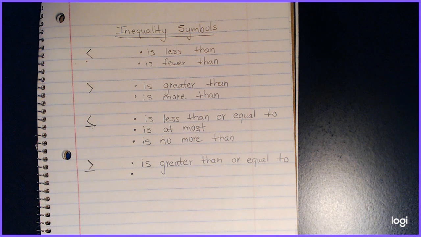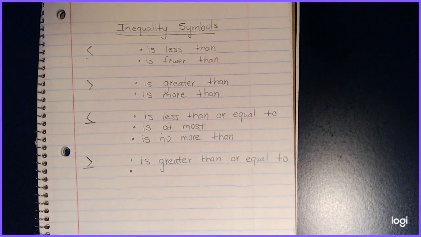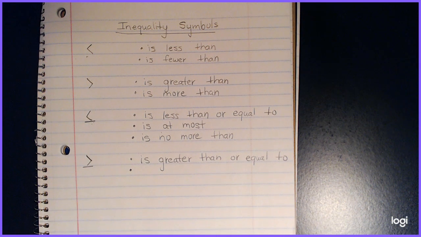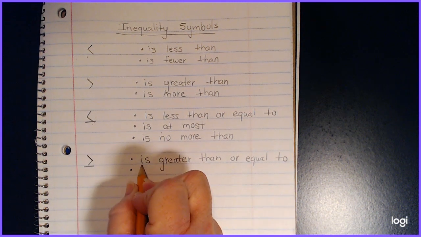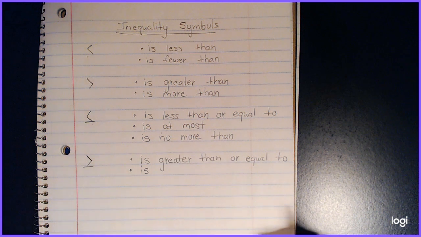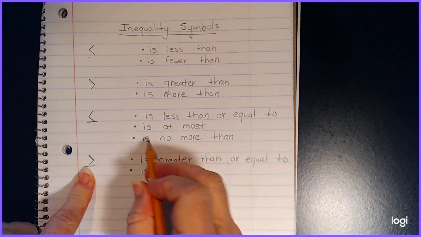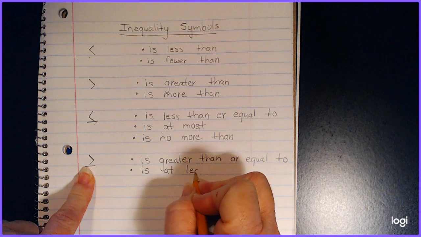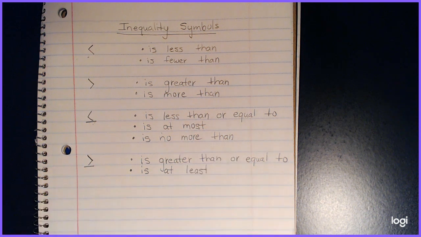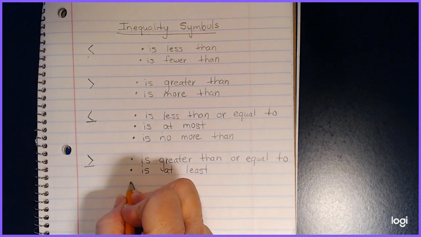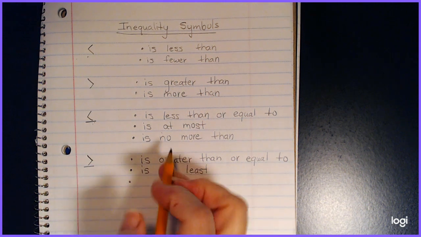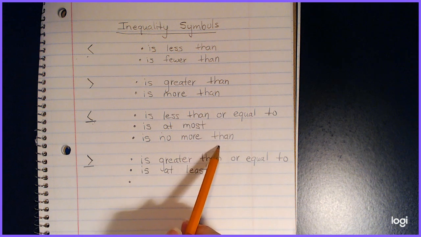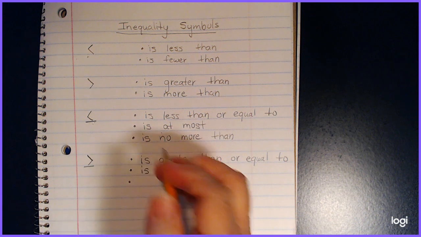Now, I know some of you write a little bit slower than I do, and if you do, that's where you're going to pause the video so that you can make sure you have these phrases in front of you. The other phrase that this could be is, instead of at most, it would be at least. And the last one, if this one is no more than, this one's going to be is no less than.